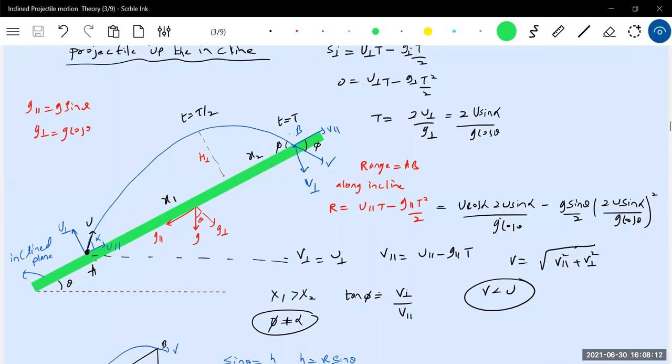So there are three possibilities: V parallel non-zero, or it can be 0, and V parallel can be positive or negative. V parallel can be down the incline also. First, we'll take V parallel non-zero, which is what you are seeing. If V parallel becomes 0, how will it strike? It will strike normally. Then under what conditions will the projectile strike the inclined plane normally? I think this is what we have to study.